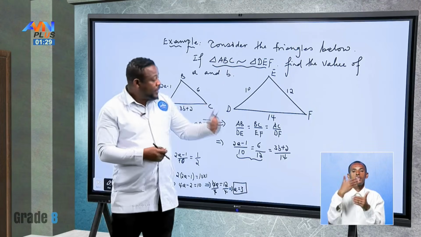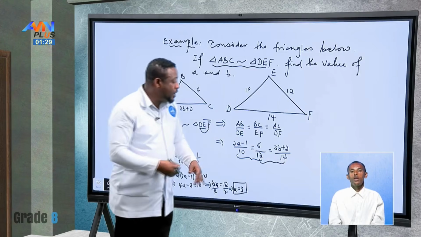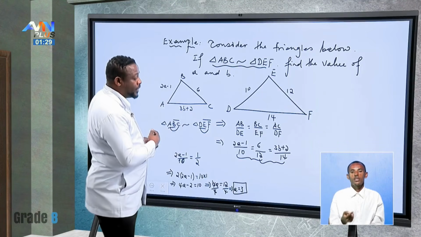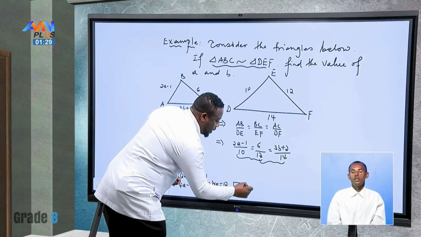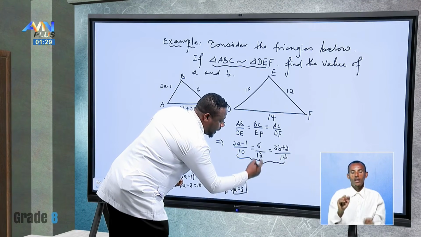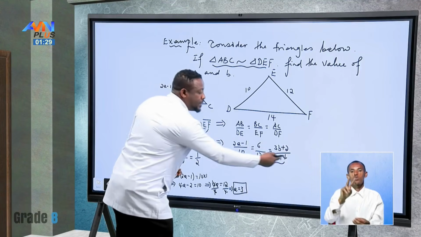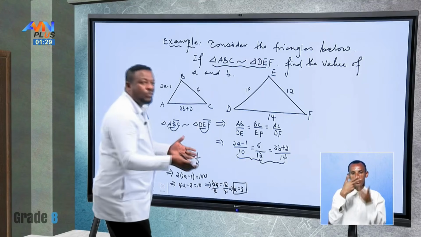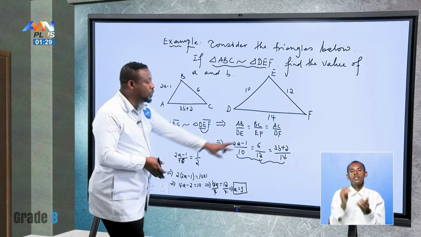Then take the next pair of proportions, okay? Whenever we take this, we obtain the value of B. So 6/12 is the same as (3B + 2)/14, which means you can crisscross it, okay? 6 times 14, but this takes time, so make a simplification on the middle term.